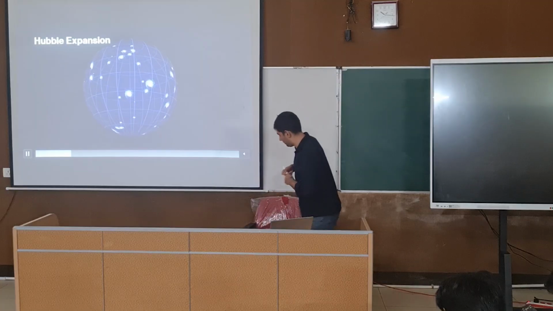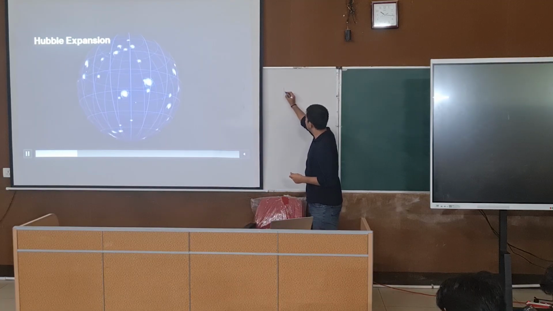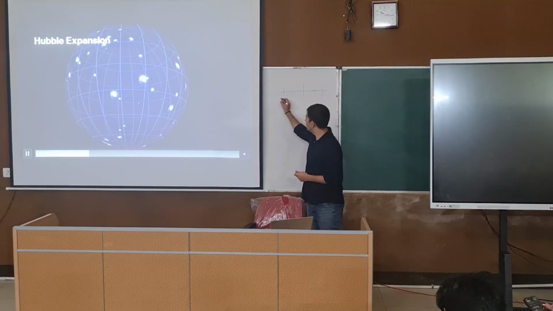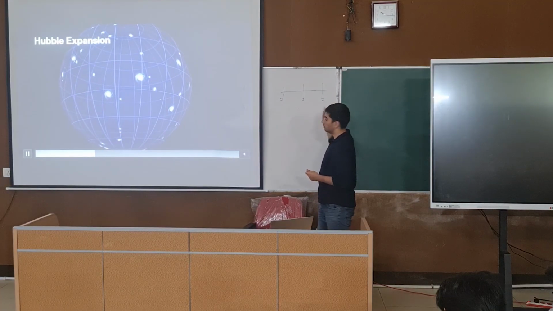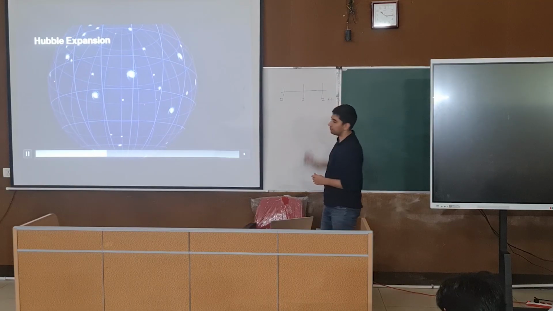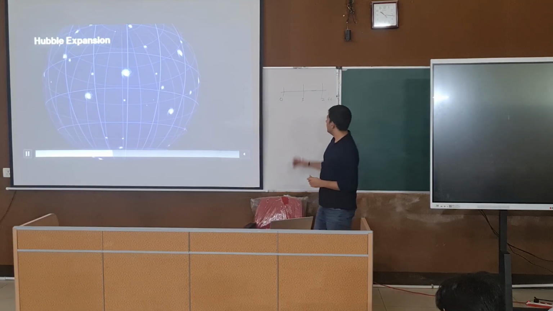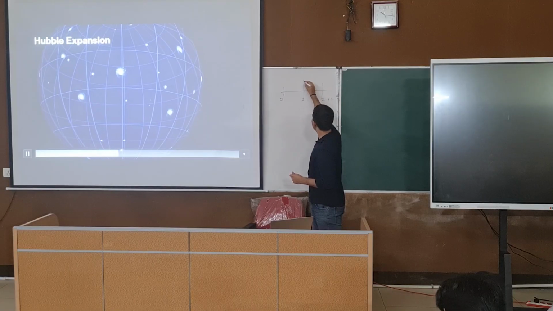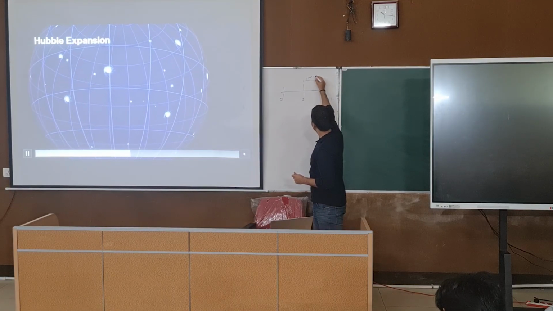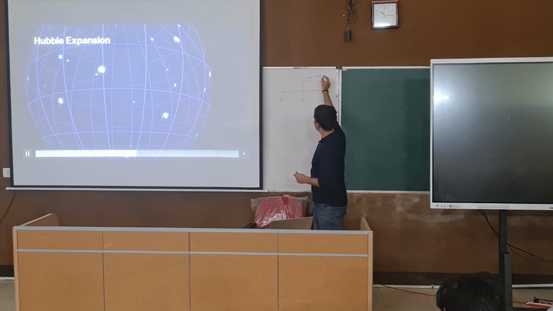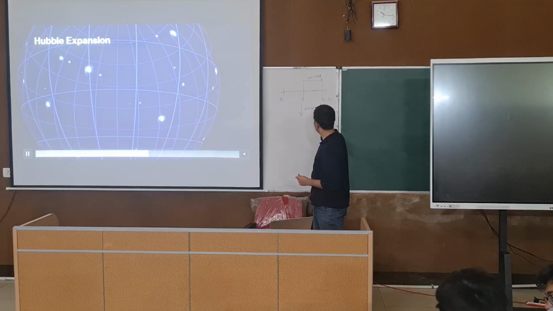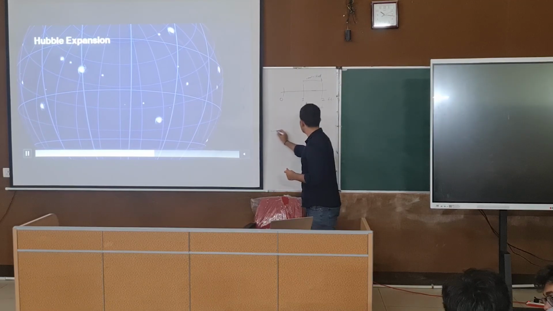So you cannot actually say it's the unit. Let's say this is your grid, right? 0, 1, 2. Take whatever unit, say 1 unit is equal to 1 foot. Now if I expand it, what happens?